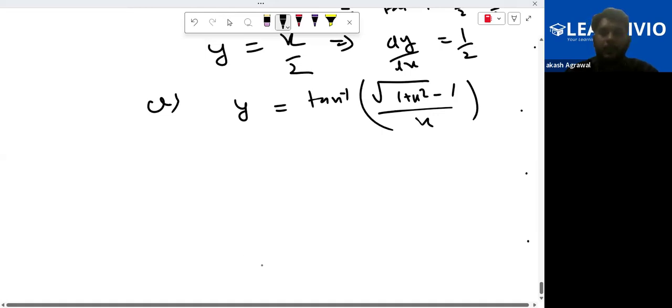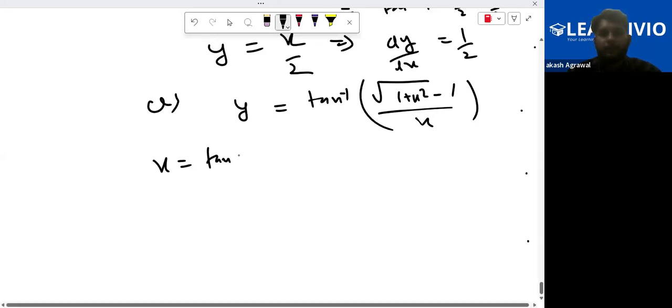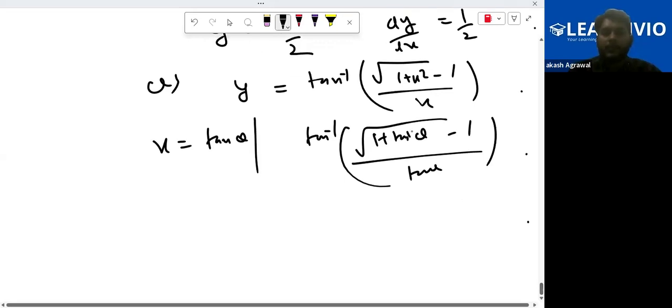Okay, what can we put as x? x is tan theta. So it will be tan inverse of root of 1 plus tan square theta, minus 1, upon tan theta, and this is sec theta. So tan inverse of sec theta minus 1 upon tan theta.